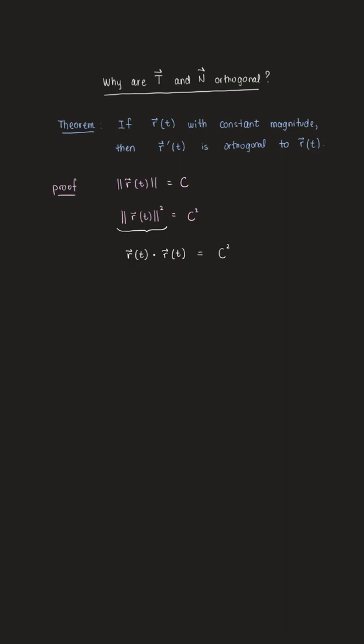What I'm going to do next is differentiate this equation. So we're going to differentiate with respect to t. Since the independent variable is t, we're going to differentiate both sides of this equation. On the left side, we're going to use the dot product rule. So the product rule for dot products says the following.